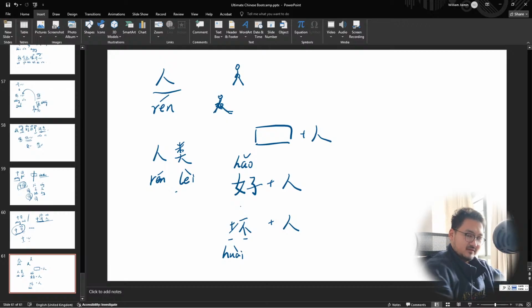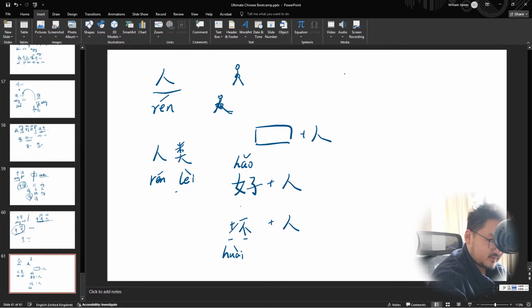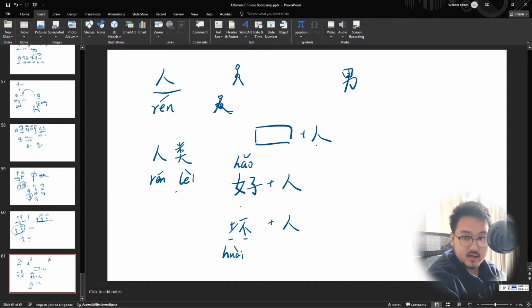男人, 女人, right? 男, 男人 means man. 女人 means women.